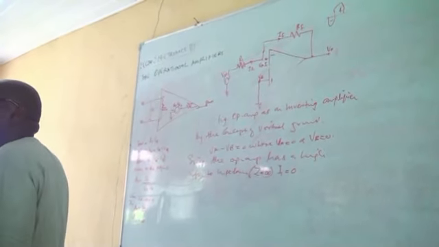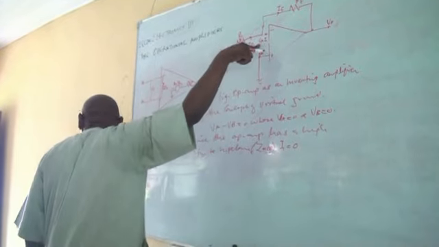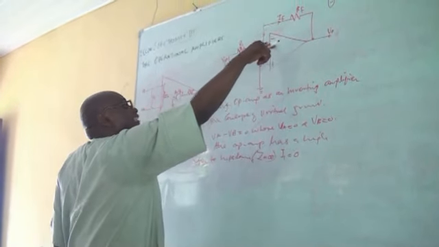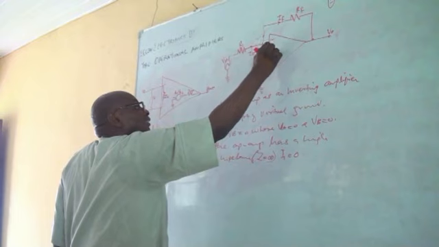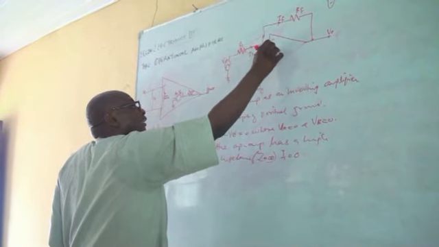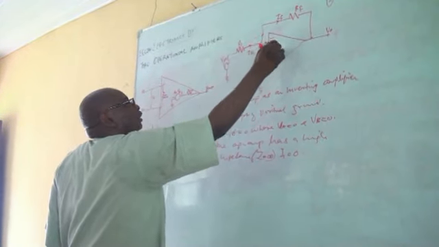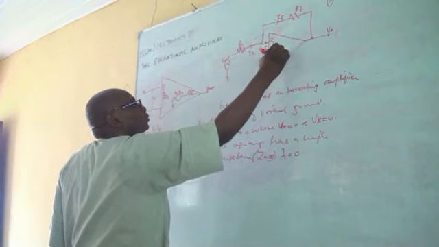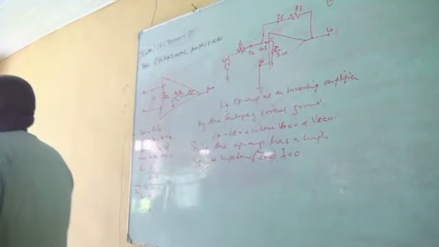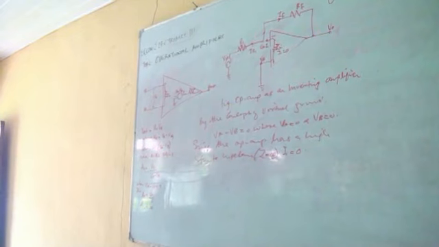Mind you, VA was already 0, and the impedance and resistance connected here is also very high. So it will give you I1 equals 0, whether you like it or not. That's what will happen.